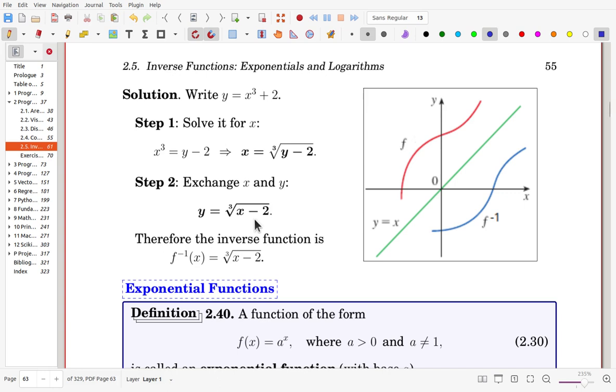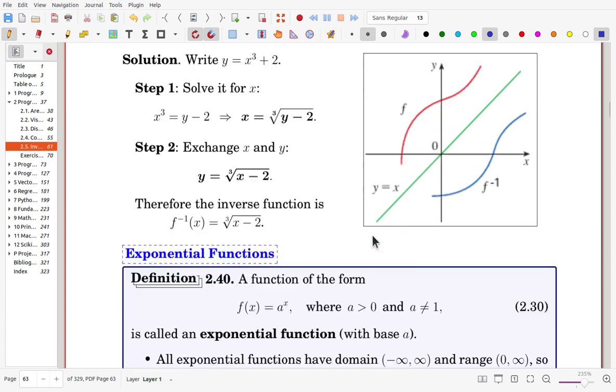If we put together the graph of f and the graph of f inverse, we can easily see this is a reflection about y equals x. Because of this exchange of x and y, the graph of the inverse function is always symmetric in this way, a reflection about the line y equals x.